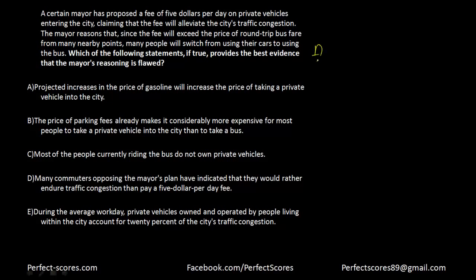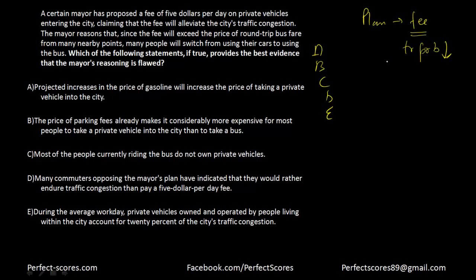Now let's draw the scratch paper over here, and what is there in the argument is that the mayor has proposed a plan, that is, a fee will be imposed on private vehicles entering the city, and that fee will help to reduce the traffic problems because of this fine or this fee.